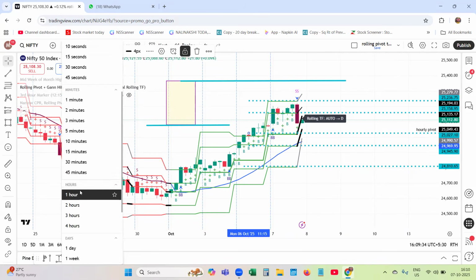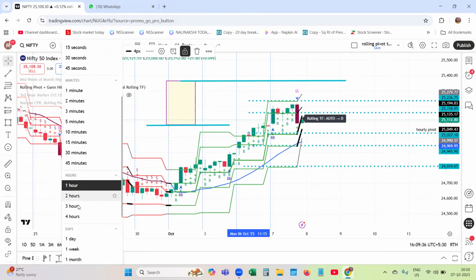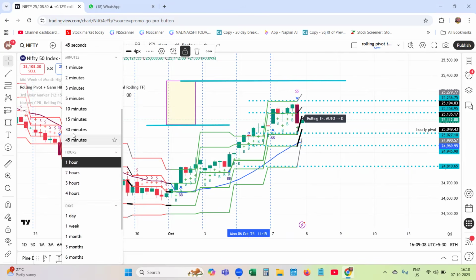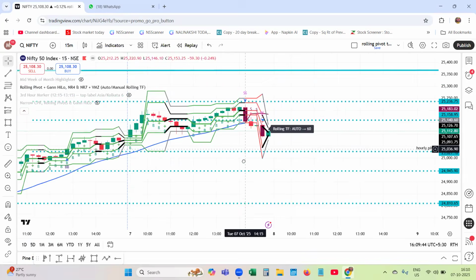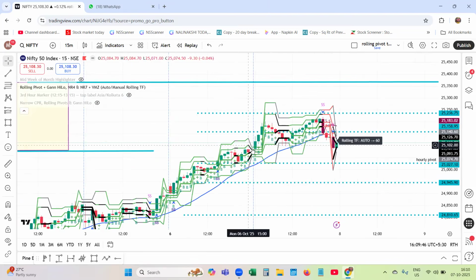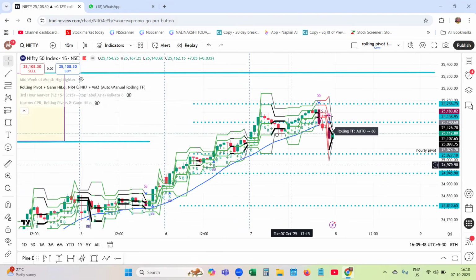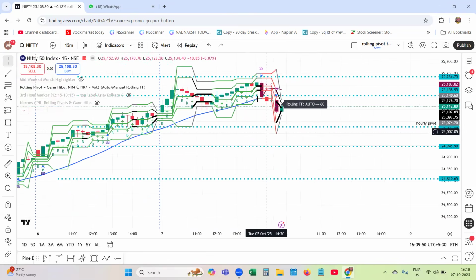But if we go to the lower time frame, it may be a sell. You can see the price has come below the Gann HiLo. That is a discount. Discount you have got, and you are seeing sell plotted over here.